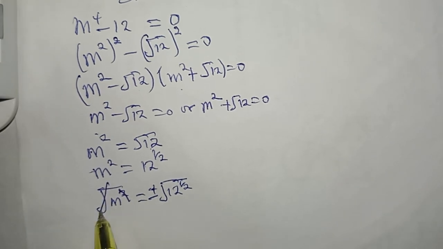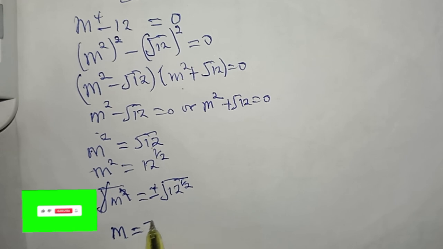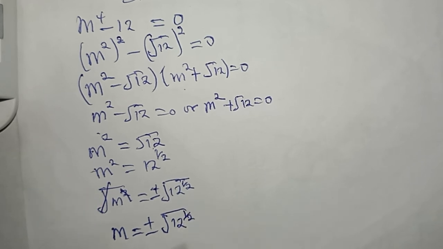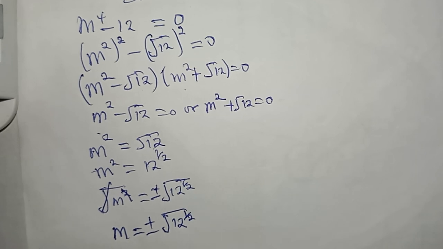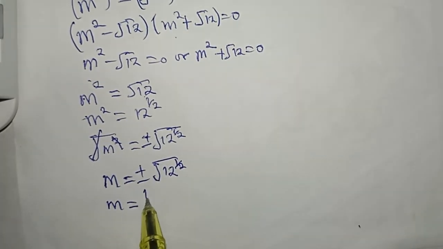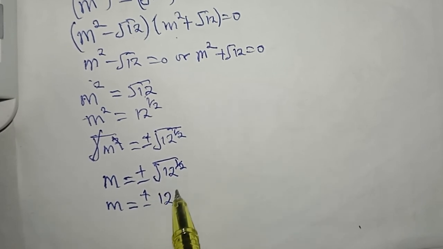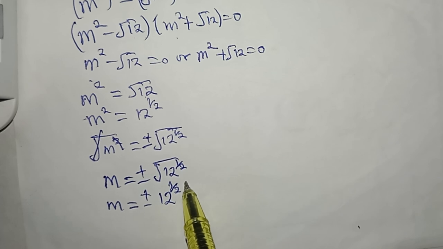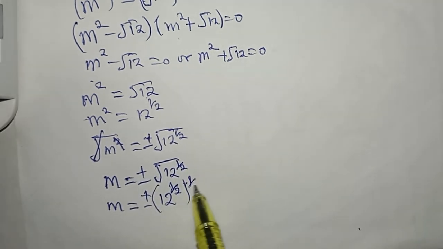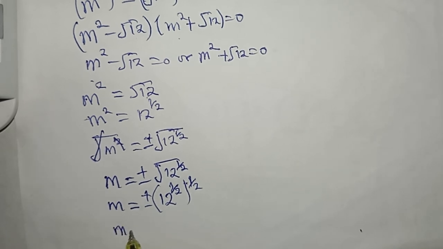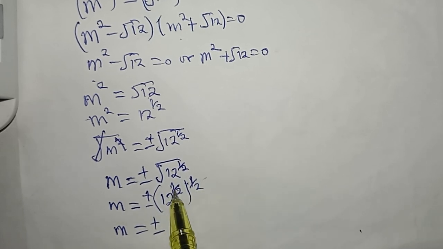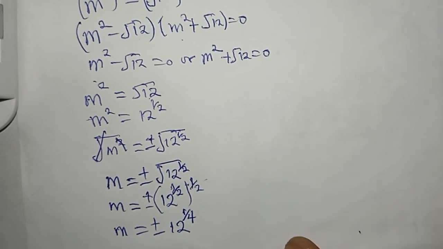And obviously, this will cancel this, and m now becomes plus or minus the square root of 12 power 1 over 2, and this square root I can also write as a power 1 over 2 again, so that finally m now becomes plus or minus 12 power, I can use this 1 over 2 to multiply this, so I have that this will give me 12 power 1 over 4.